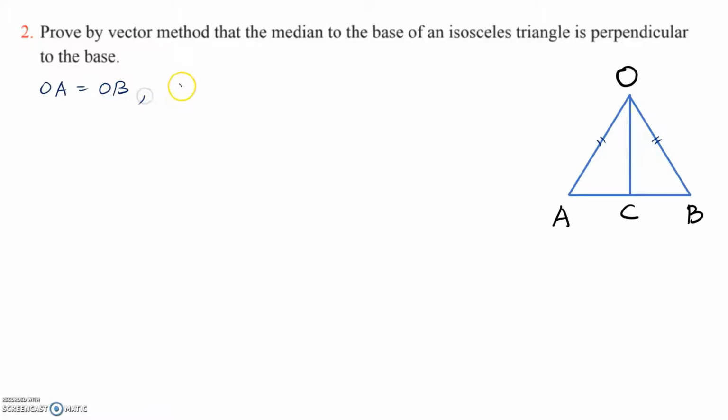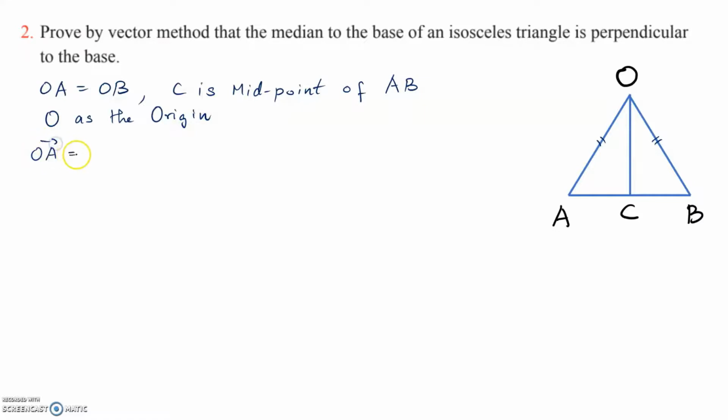So C is the midpoint of AB. So if we take O as the origin and define vector OA as vector A and vector OB as vector B, then our vector OC can be defined as A plus B divided by 2.